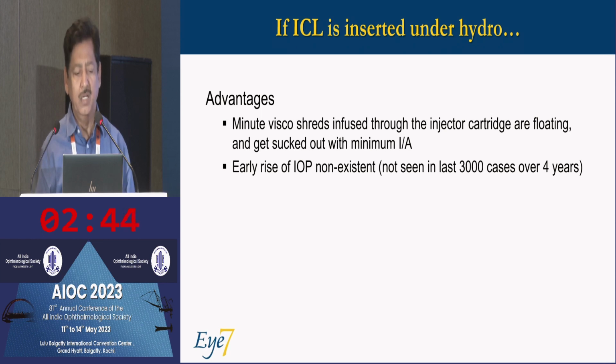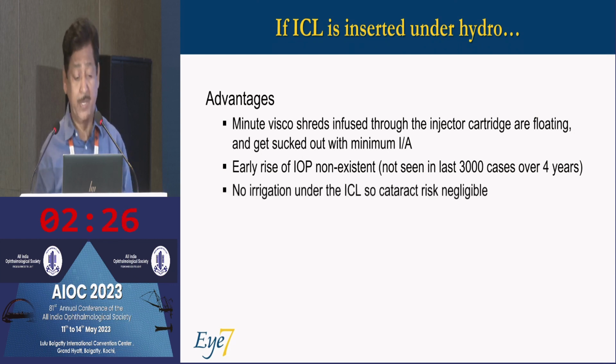Early rise of IOP is virtually non-existent. In my last 3,000 cases over 4 years, I have not faced even one case of rise of IOP. That is a very strong testimonial that hydroinsertion works very well in this situation.